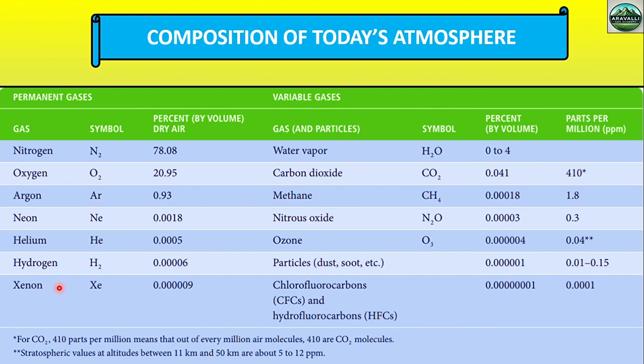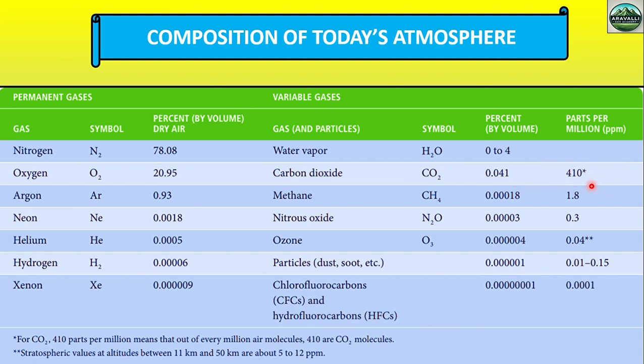Remember this order; I will also discuss the increasing and decreasing order in upcoming slides. Then the variable gases. Water vapor concentration is 0 to 4%, and it varies from location to location. Carbon dioxide is also a variable gas because its concentration is continuously increasing. The present concentration of CO2 is 0.041%, or around 410 ppm.